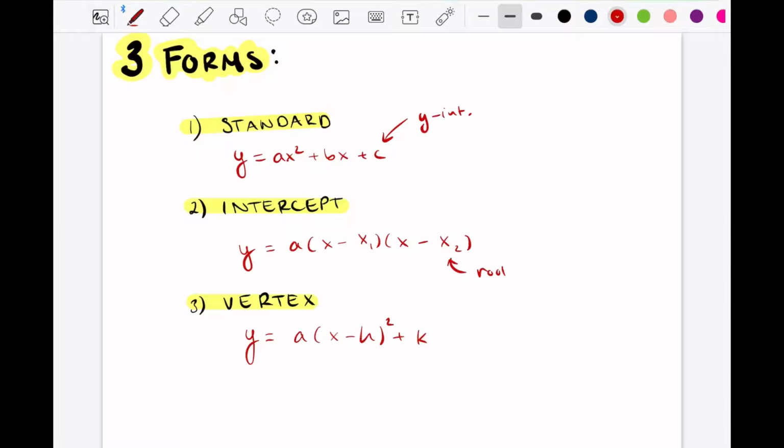This is going to be our root 2 or root 1, doesn't really matter. This is going to be our root 1 or 2 either, doesn't matter. And for this one, we can say that (h, k) is the vertex. So this is a very nice summary of all of the different forms and the very basic reason for why we use them.